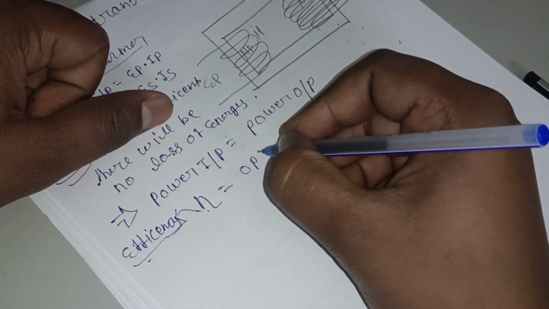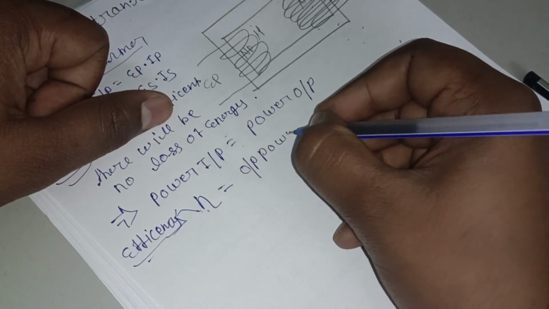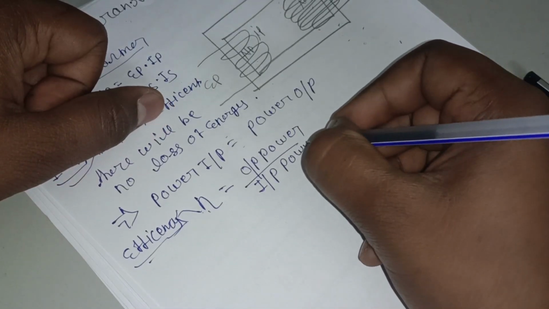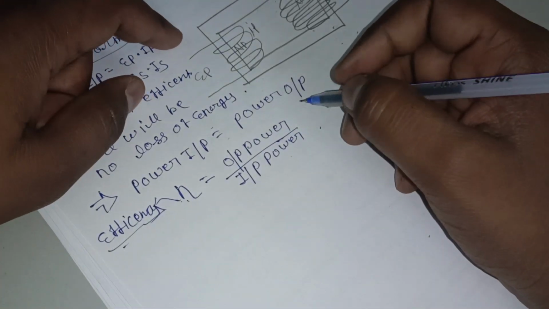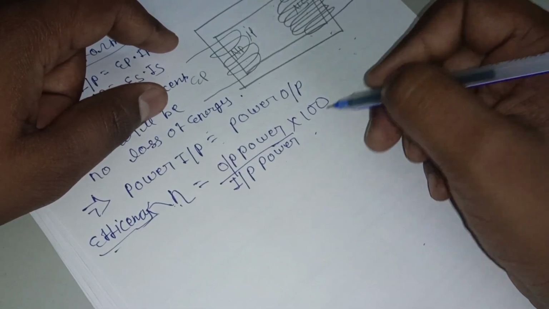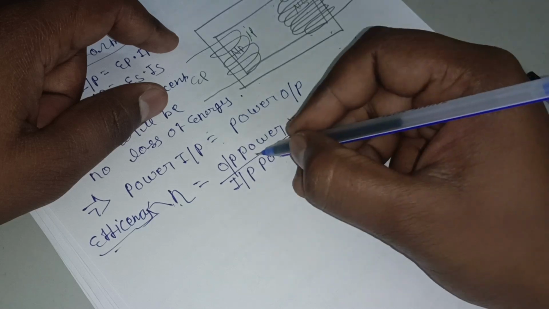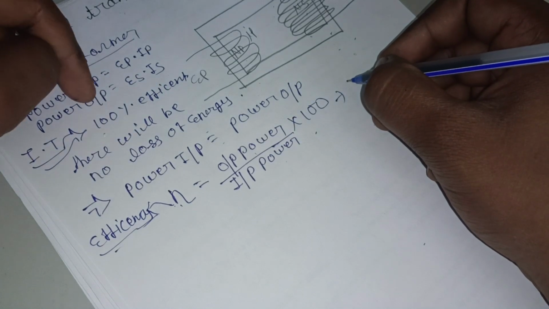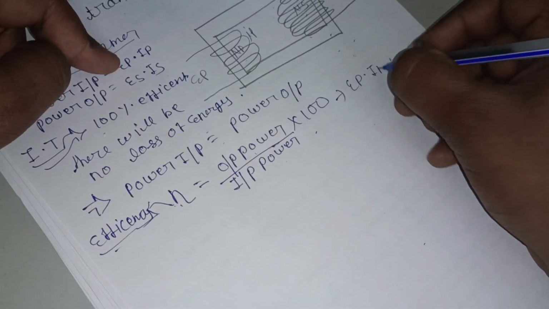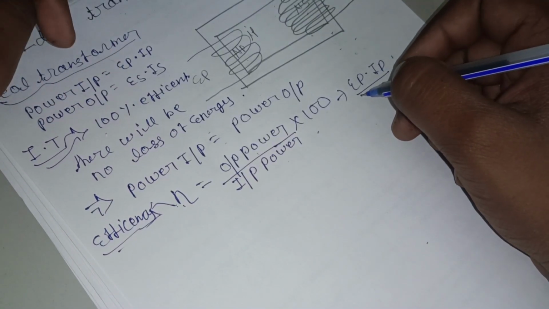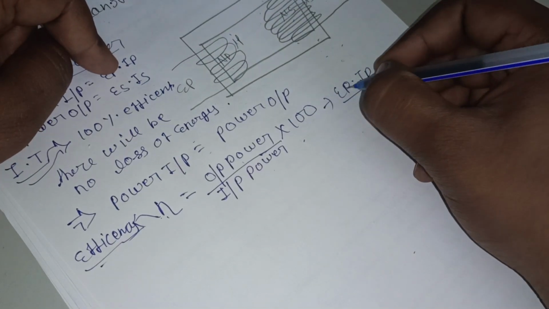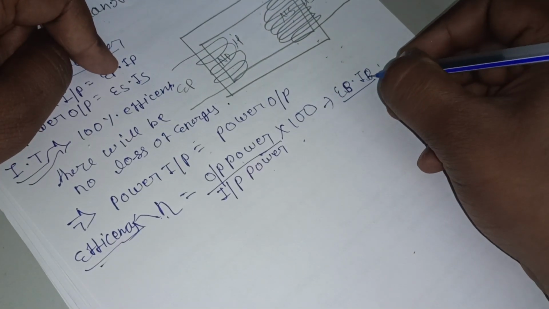Output power upon input power, output power upon input power into 100. Okay, so it is called the efficiency. So output power is ES into IS, sorry, output power is ES into IS.